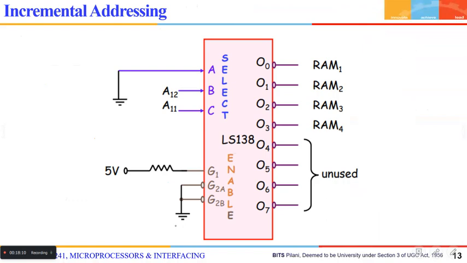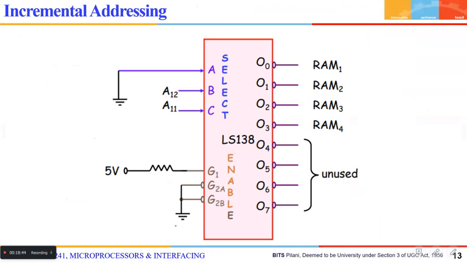So why should we take it from the microprocessor? Do we need to? No. Since it is permanently zero, you ground it directly. Similarly, these things can be simply grounded, and you use only those addresses which differ among RAM 1, RAM 2, RAM 3, RAM 4 from the address lines of the microprocessor.